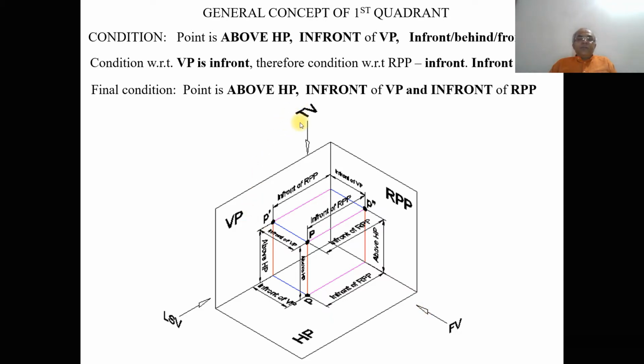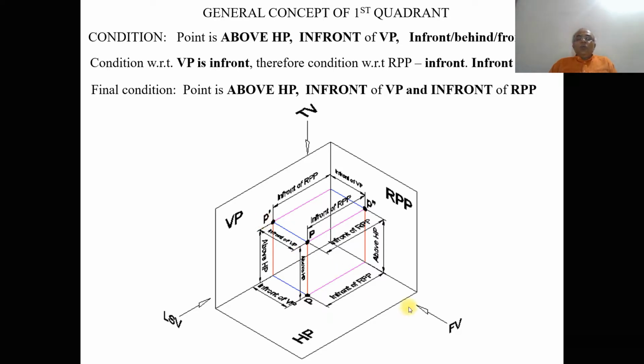What happens to the position of the top view with respect to the vertical plane? The top view will be aligned with the vertical plane, so you will not be able to see the image on the vertical plane in the top view. Similarly, the left side view is aligned with the vertical plane, so you will not be able to see the image on the vertical plane from the left side view.